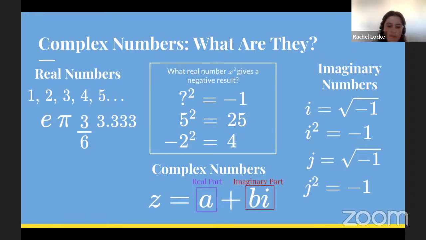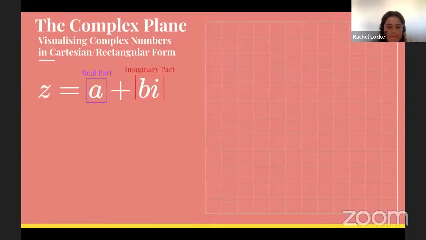We'll now attempt to visualize some complex numbers. To appreciate the use of imaginary and therefore complex numbers, it is useful for us to visualize them on a plane. First, consider the real number line. This is the familiar number line that we've been taught to count on from a young age. The real number line will form our x-axis, which we'll refer to as our real axis.